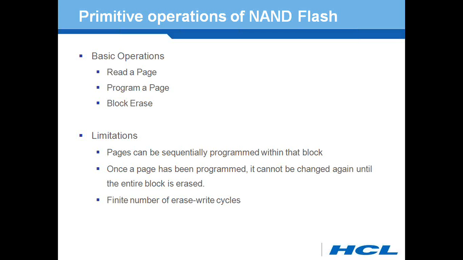From the data register it is transferred to the internal flash memory after a specific program delay. This programming delay may vary depending upon the flash type and page size of the flash.